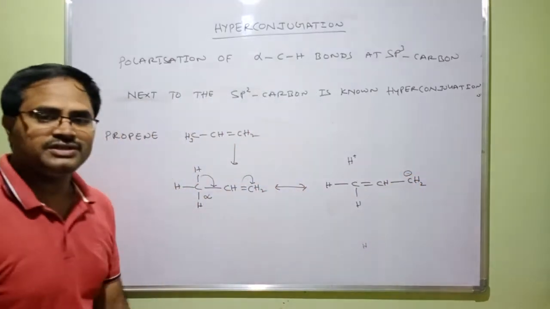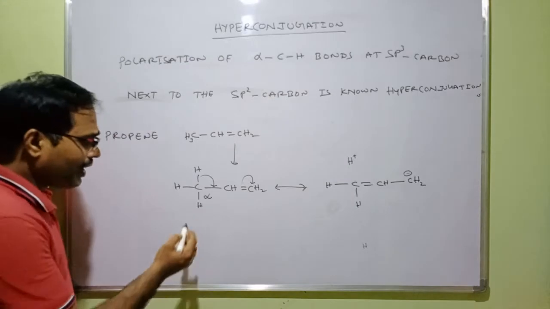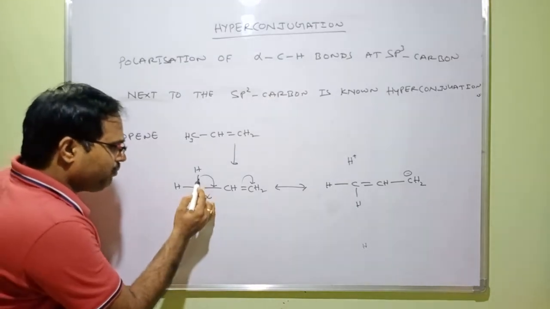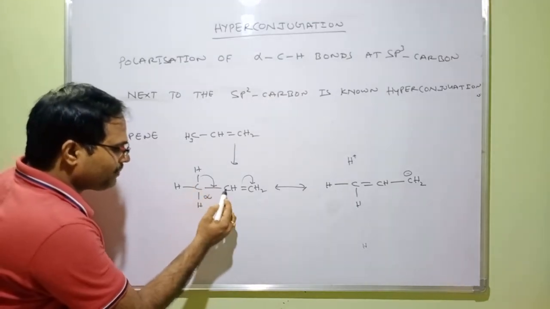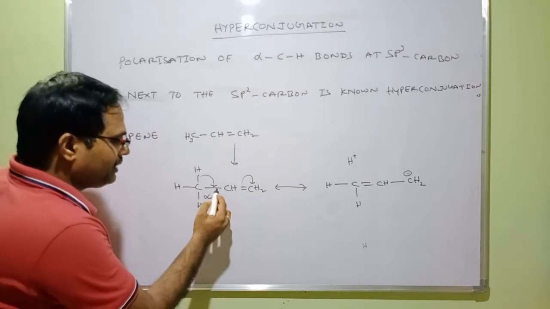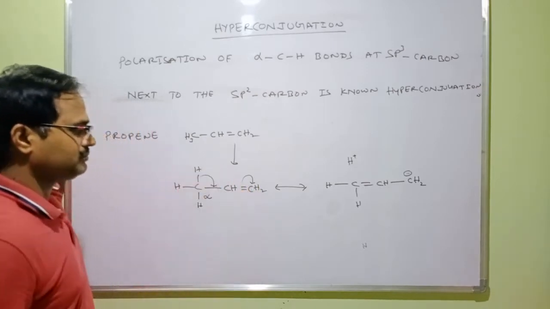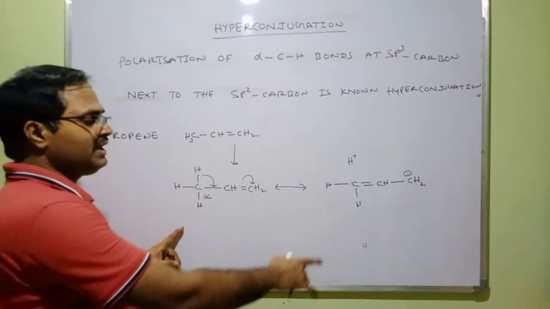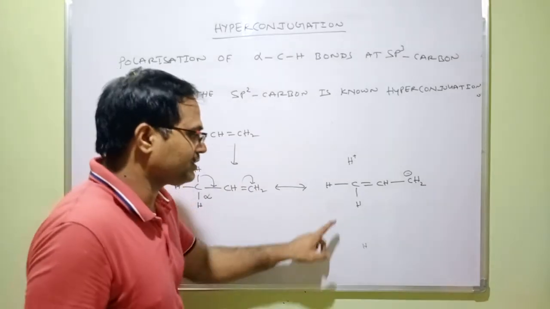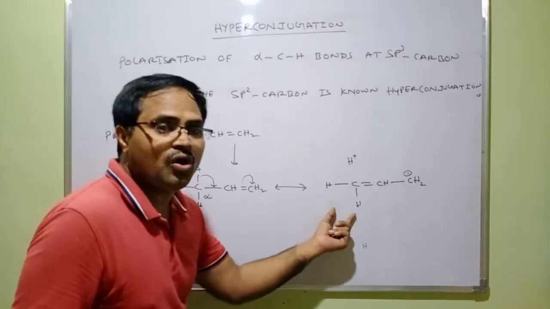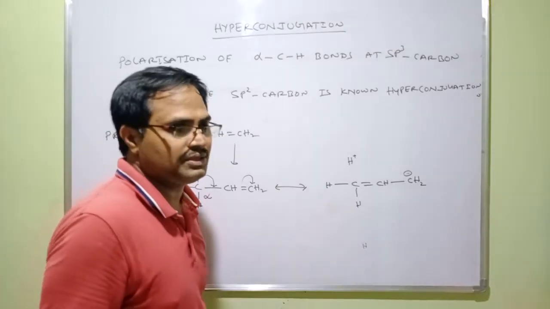Yes, this is the structure we get. Now this bond becomes a bond between these two carbons. Then what would happen? This pi bond will polarize toward the carbon. Consequently, you will get one hyperconjugative structure like this. This is called the hyperconjugative structure.